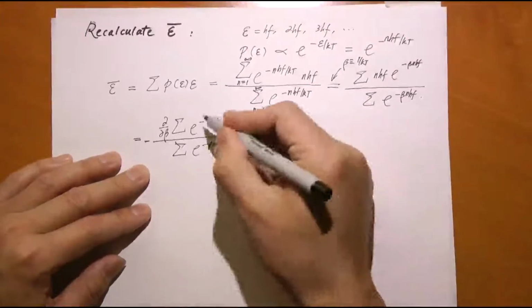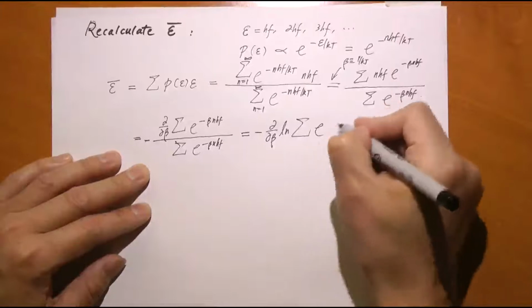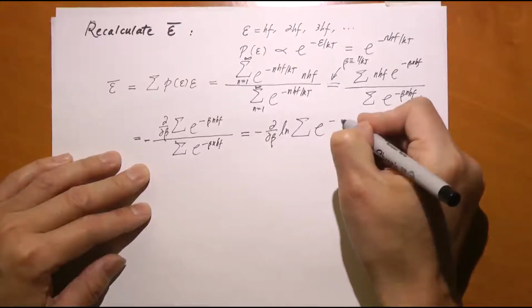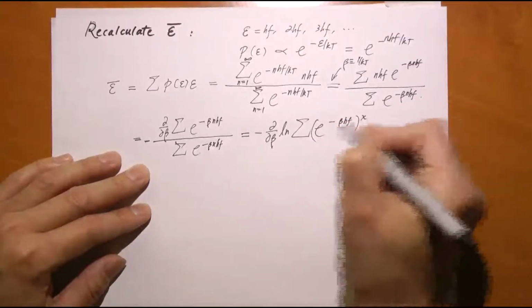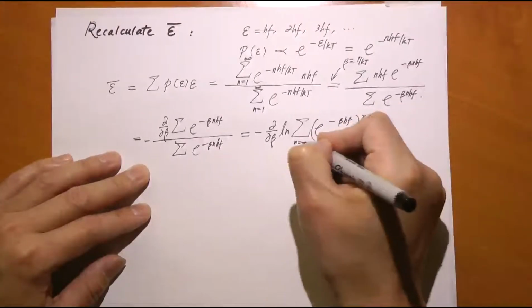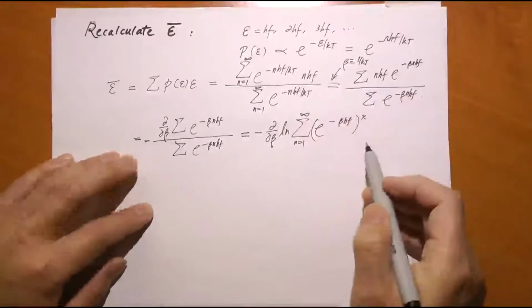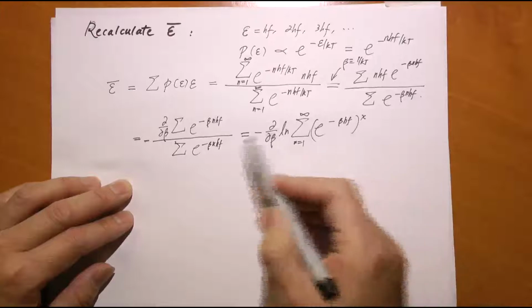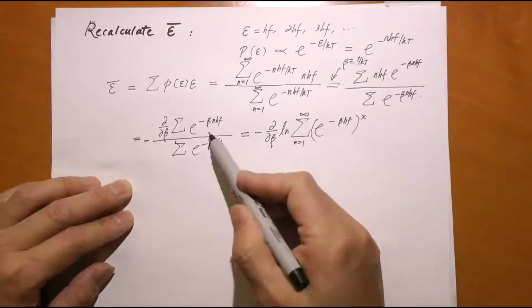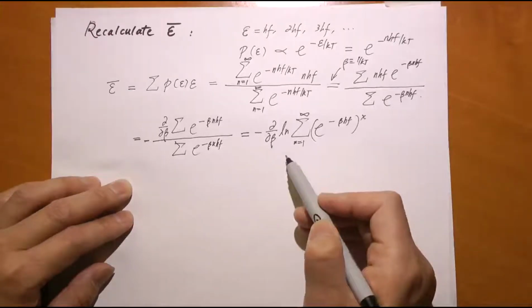Right? So you don't have to separate the numerator and denominator and do it separately. This is just the sum of e to the negative beta hf to the power n, and this n goes from 1 to infinity. Okay, when you do partial beta of natural log, you have to take the denominator first, divide by it, and then that's how you go from here to there.